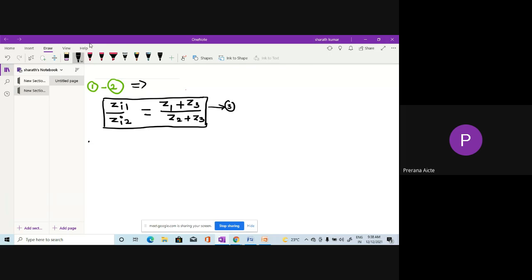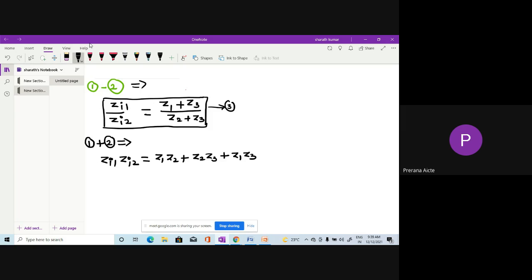And if you perform equation 1 plus 2, that is why yesterday there was not sufficient time to discuss this image impedance concept. If you perform equation 1 plus 2, then you can get an expression: Zi1 Zi2 is equal to Z1 Z2 plus Z2 Z3 plus Z1 Z3.